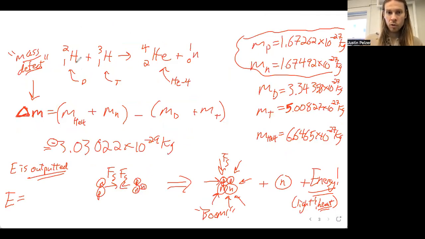So we have this example of deuterium plus tritium turning into helium-4 plus a neutron. Here are the numbers. Pause the video and make sure these numbers make sense. You'll notice that deuterium plus a neutron gives you tritium, but it's a little less because it's more bound. Remember, more nucleons, and I'll write this on the next slide actually, more nucleons.